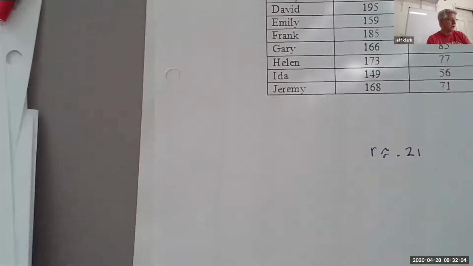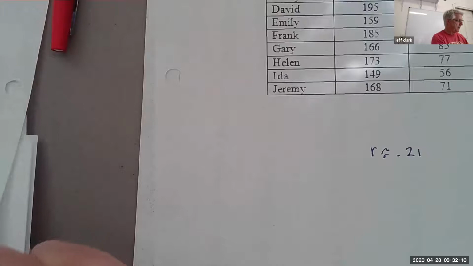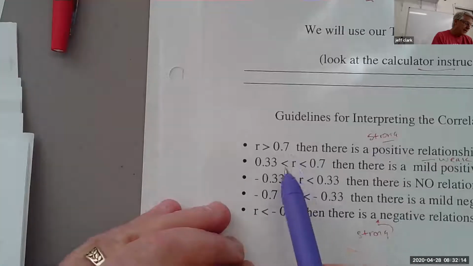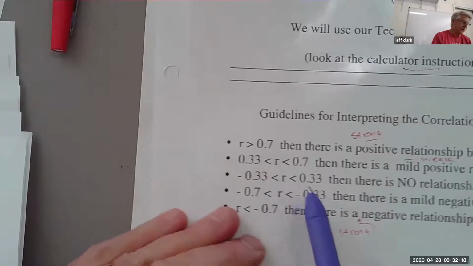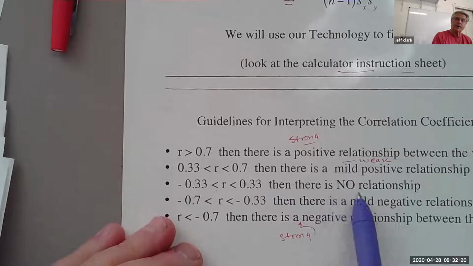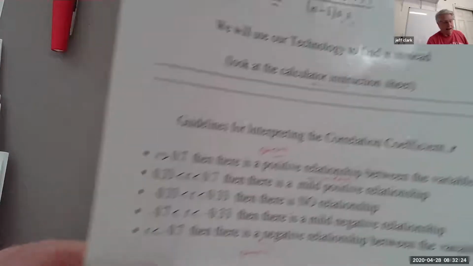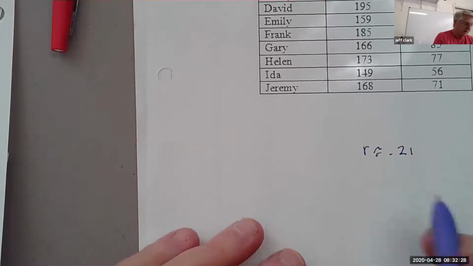This is meaning, from your packet page about the range for making your decision, 0.21, well, it's positive, but it's in between here. So there's no relationship whatsoever. And if you did a stat plot and a scatter plot, you'd find out that the dots would be kind of all over the place.